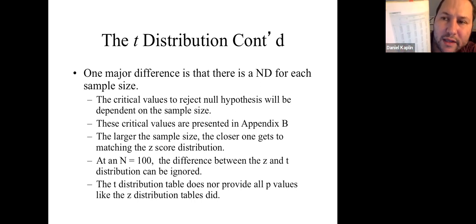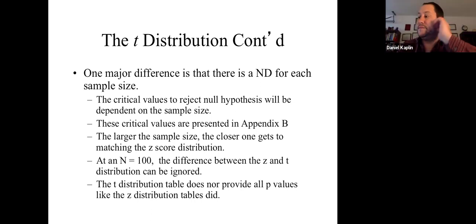And then we would go across the top based on whatever our p-value or alpha we were looking for was. All right, so that is in your table. I recommend, in the older version of the book, it's table C or appendix C. In the newer versions, it's in appendix B.